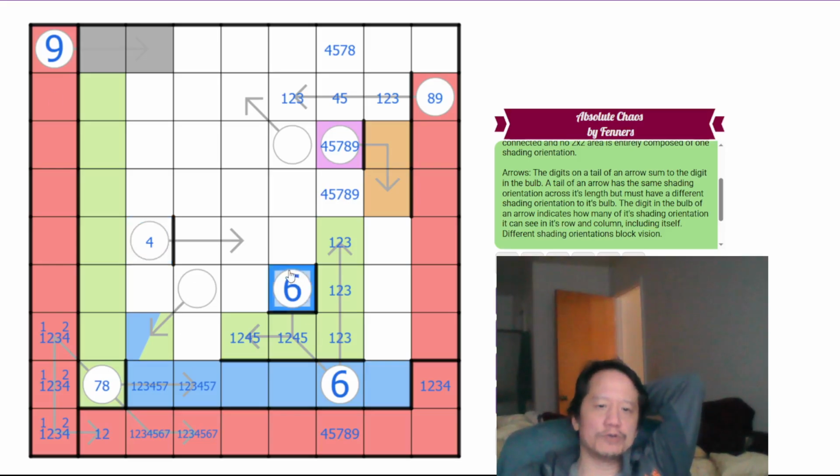This blue can only go 4 this way. And it can't go here, it can't go here. So it must go at least 2 this way. So this is separate.